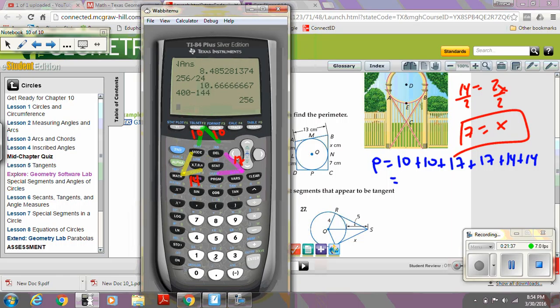We know 10 plus 10 is 20, so that's less typing to do. 17 plus 17 is 34. And 14 plus 14 is 28. And the total perimeter is 82.